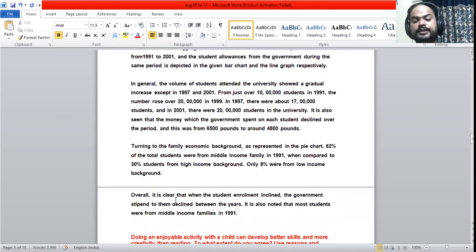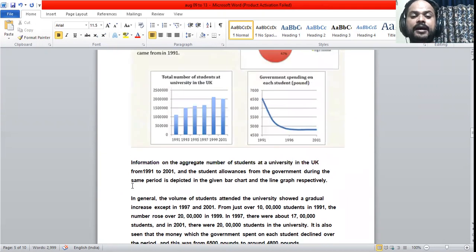Now, what I have to see as an overview is that overall, it's clear that when the student enrollment inclines, you can see the student enrollment is increasing, the government stipend on them declines between the years. You can see that the number of students is increasing and the amount which the government spent was, it's not directly proportional, it is inversely proportional.